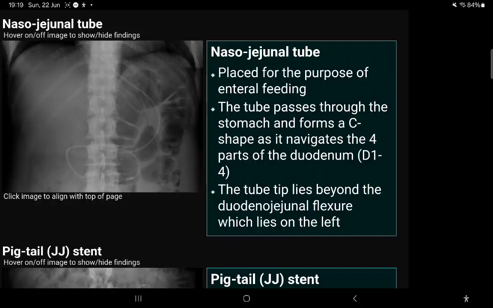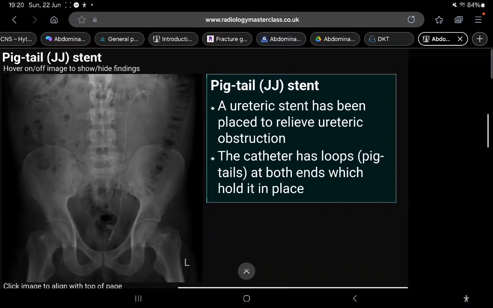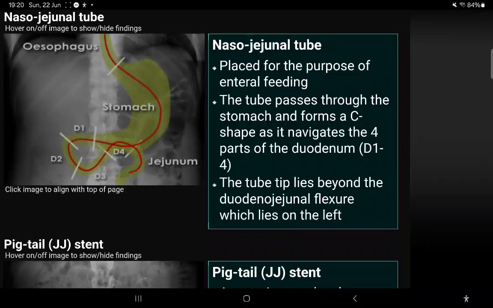The tube passes through the stomach and forms a C shape as it navigates the four parts of the duodenum from D1 to D4. The tube tip lies beyond the duodenal flexure, which lies on the left. So this is a nasoduodenal tube. Sometimes it can be mistaken for something else as it is outside. Before moving to the double J stent, let's see the annotations in the nasoduodenal tube.